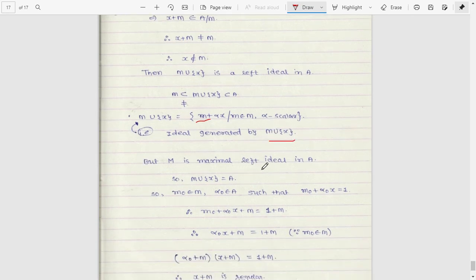But M is a maximal left ideal in A. So the ideal generated by M union x is equal to A.